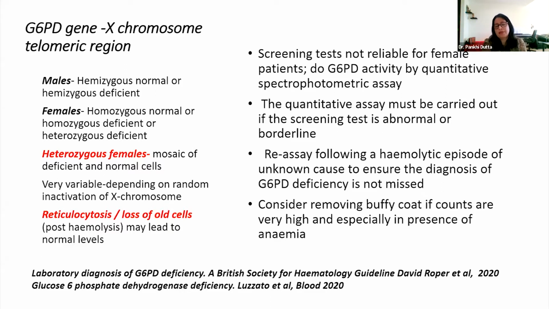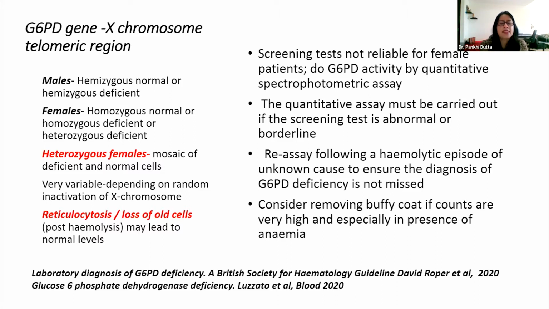Complete absence of G6PD is not viable with life. Or females, if one X chromosome has a normal G6PD gene and the other one is abnormal, then the female is what would be considered heterozygous deficient.